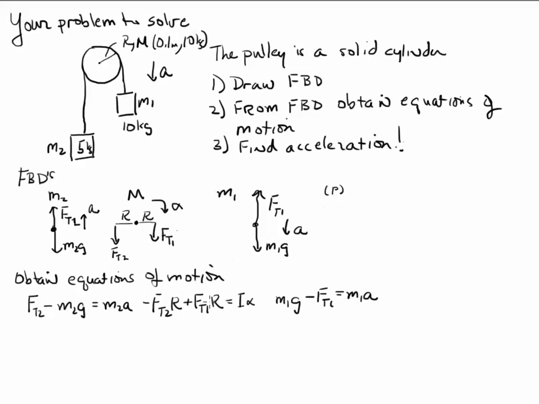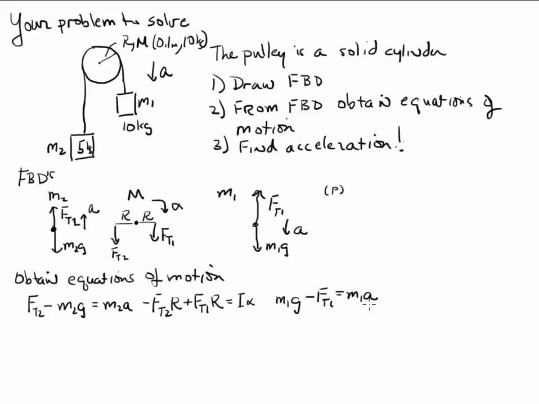For our torque equation, we have minus the force of tension T2 times the radius r plus the force of tension T1 times the radius r is equal to the moment of inertia times alpha. And for M1, we have m1g minus force of tension T1 equal to M1 times A.